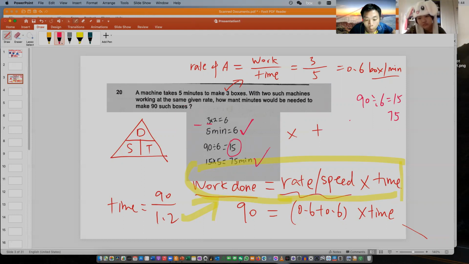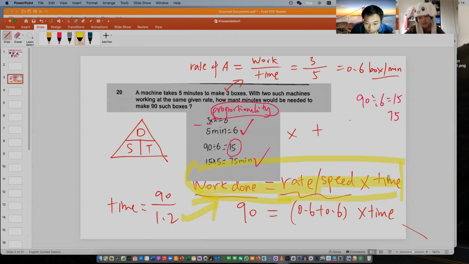So okay, what you do here is you are using the proportionality concept. Even though your approach is different, you are actually making use of the proportionality concept to solve this question. But what I teach you is I follow this formula.